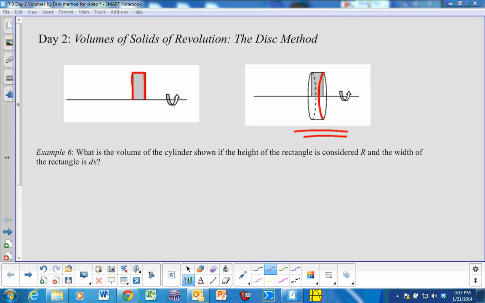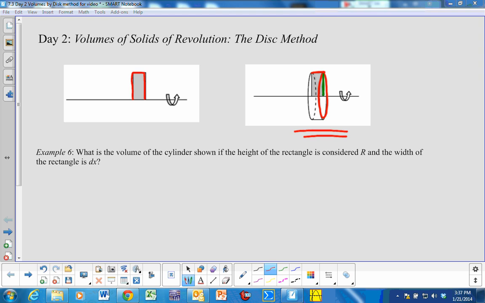This is kind of like a tuna can. There's the top of it. When we're talking about the radius of the cylinder, we're actually talking about this rectangle right here. That's going to be your radius, if you see that circle. And then the height of your cylinder is this direction. That's like a tuna can on its side.